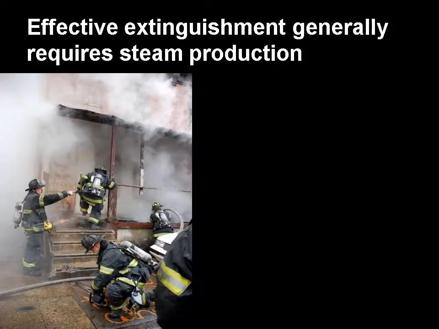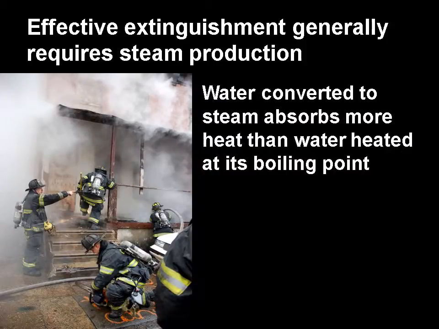Effective extinguishment generally requires steam production. Water converted to steam absorbs more heat than water heated at its boiling point. Water converted into steam occupies several hundred times its original volume to aid in extinguishment.